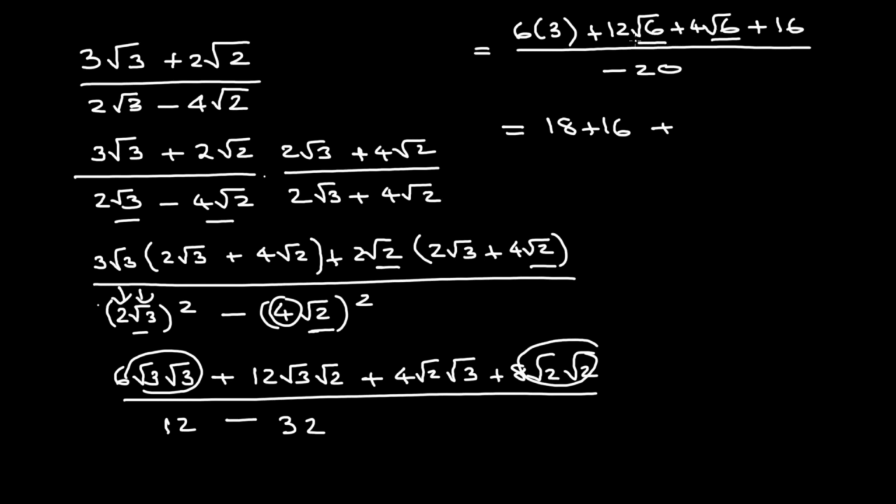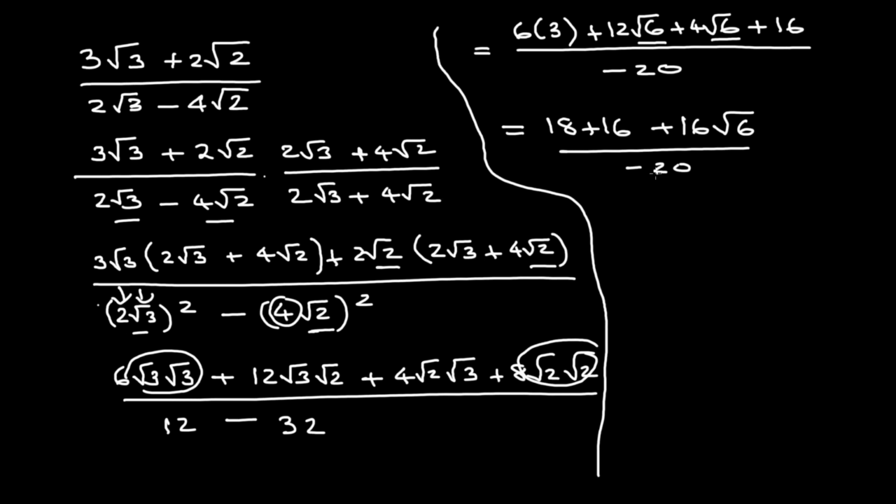So we're going to add these two, which is 16 also. 16 root 6, over minus 20. Then here these two can actually add, and then we get 34 plus 16 root 6 over minus 20.